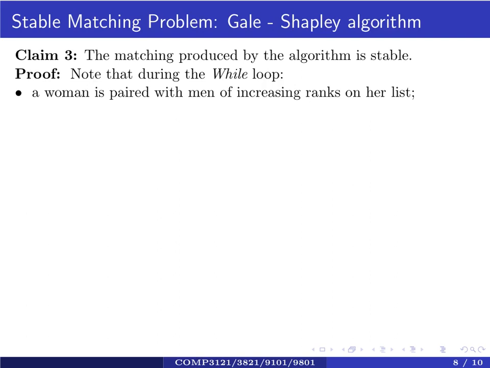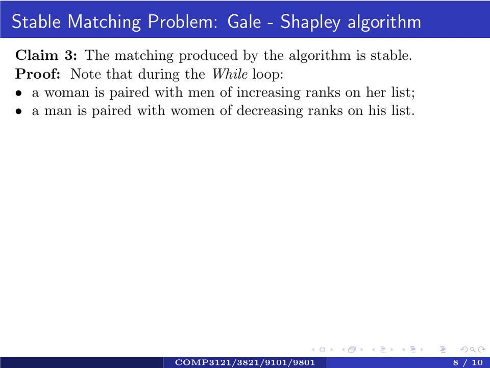So women will be paired with men of increasing ranks on her list. A man, on the other hand, is paired with women of decreasing ranks on his list because he always proposes to the highest ranking woman that he hasn't proposed to yet.